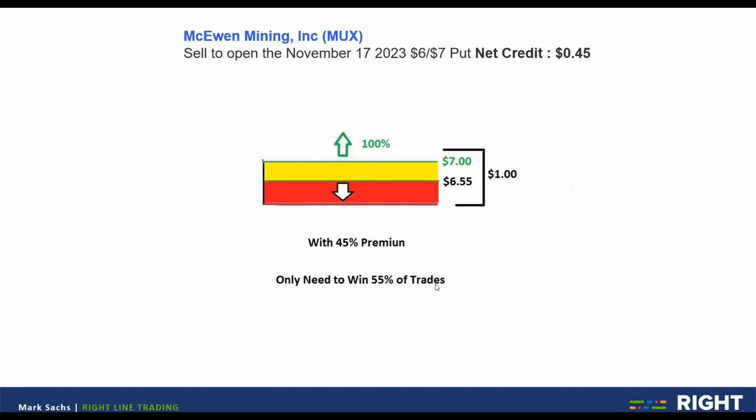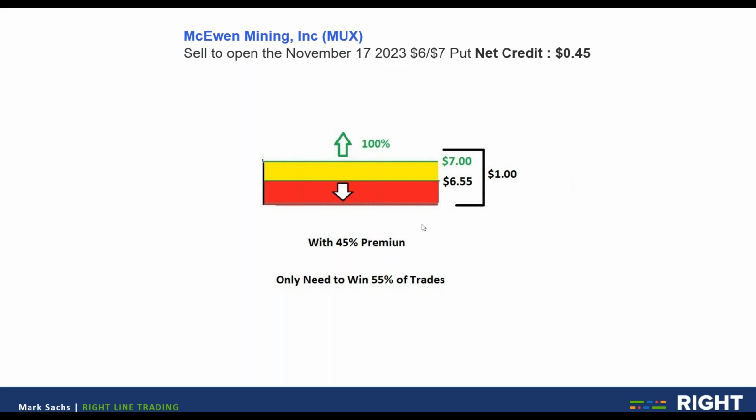If you win exactly 55% of your trades, you're going to break even. If you win 65% of your trades, you're going to make a significant amount of money. 75% more, 85%, a lot more. So the vertical width of the spread you trade is, I consider to be, the most important component.